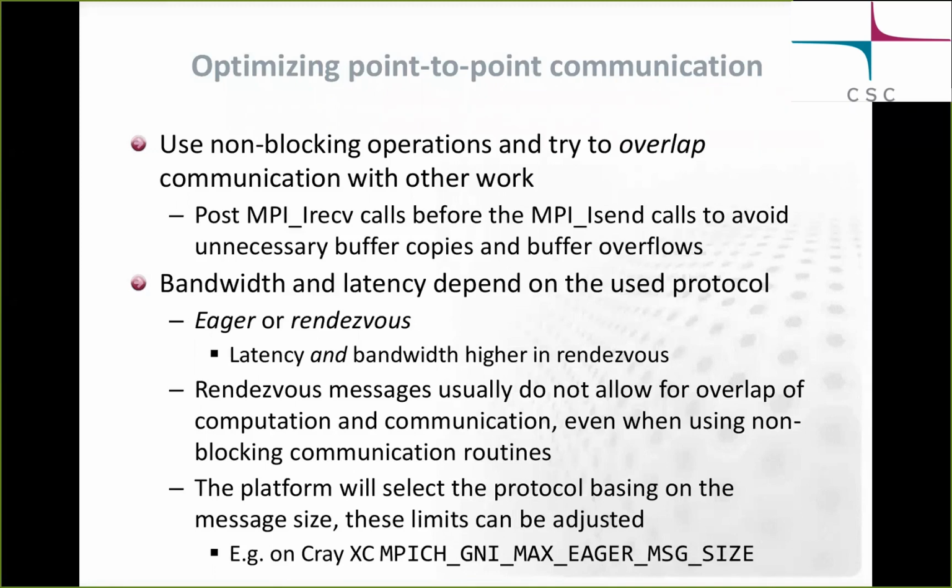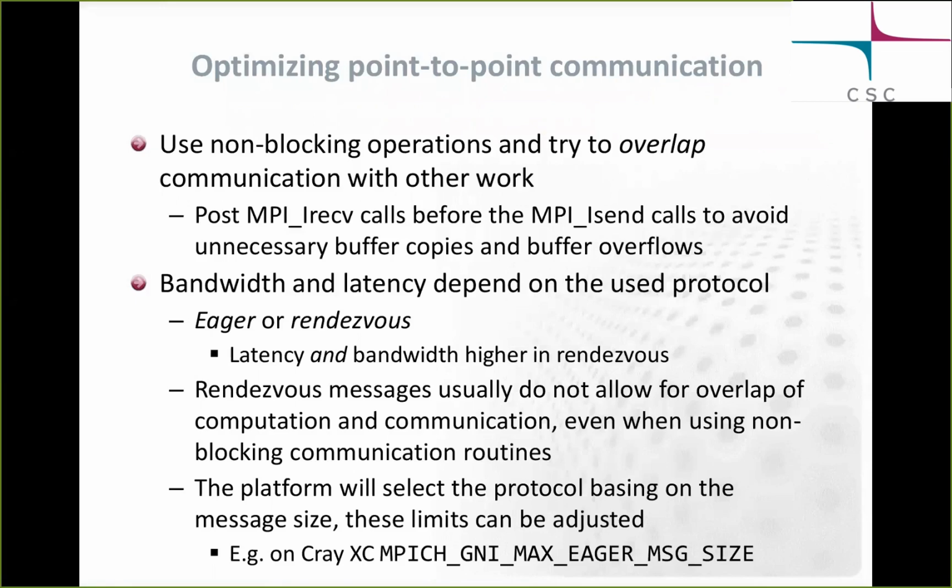Another thing with point-to-point communication is that on XC there are two transmission protocols in MPI called Eager and Rendezvous, where Eager is optimized for small messages and Rendezvous for large messages. And large messages won't allow for overlapping, even with non-blocking communication operations.